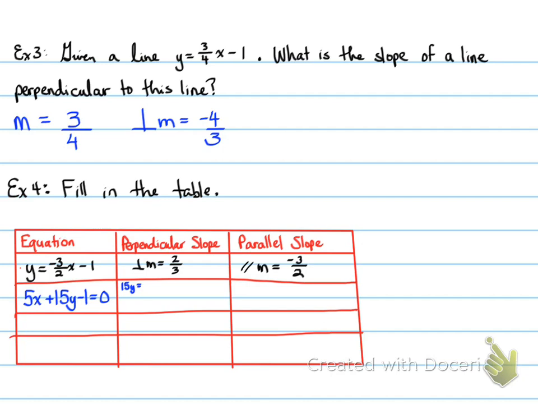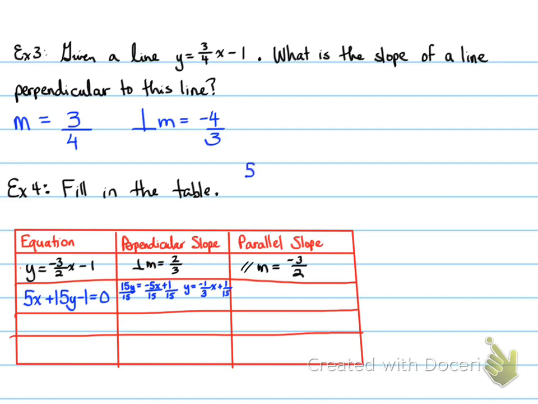Well, it equals, move the 5x over, negative 5x. Move the minus 1 over, it becomes plus 1. Now we divide each term by 15, and we end up with y equals negative 1/3 x plus 1/15.